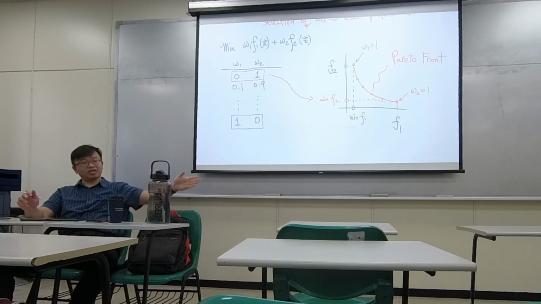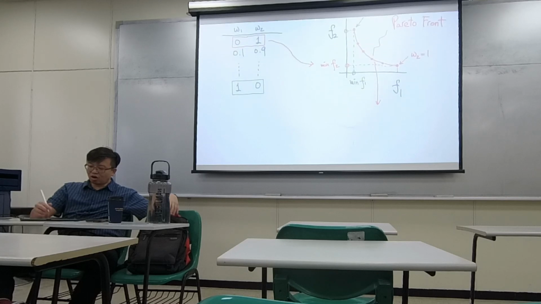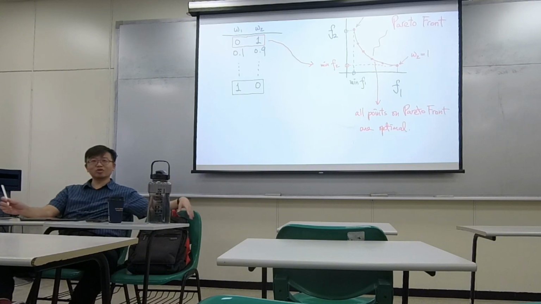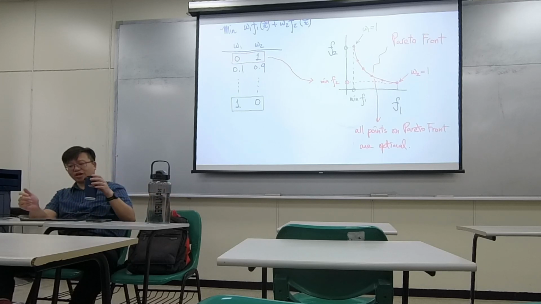Actually, every point on the Pareto front is a solution. So all points on the Pareto front are optimal. They are all optimal solutions. They are just optimal solutions with different selections of the weights. Okay? So you need to be aware of this.